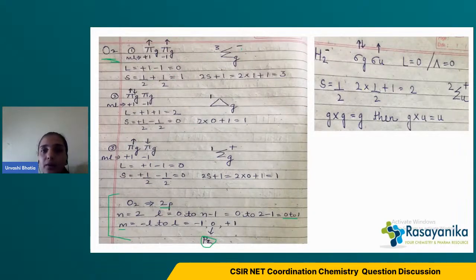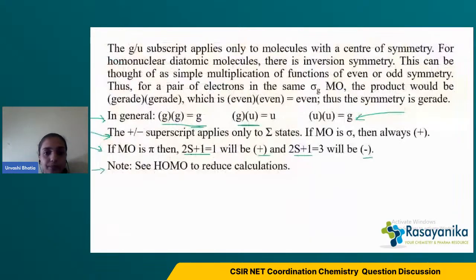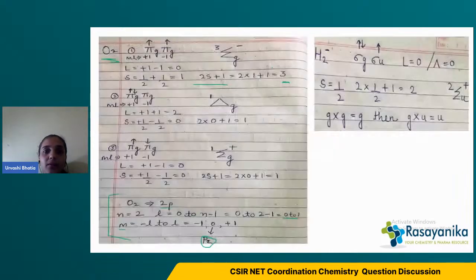And how do you get this minus? Because 2S plus 1 is 3, and it is present in the pi orbital. Here it is mentioned: if the molecular orbital is pi, then 2S plus 1 equal to 3 will be minus. That is why minus.